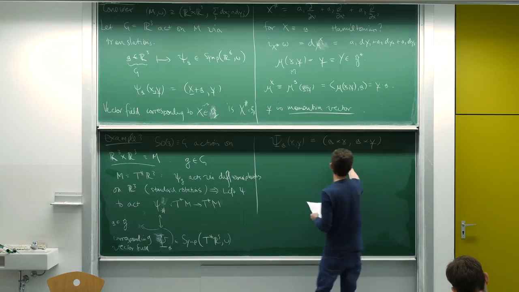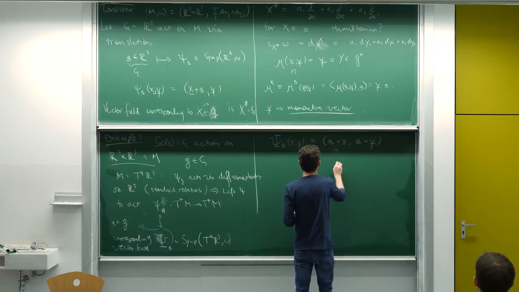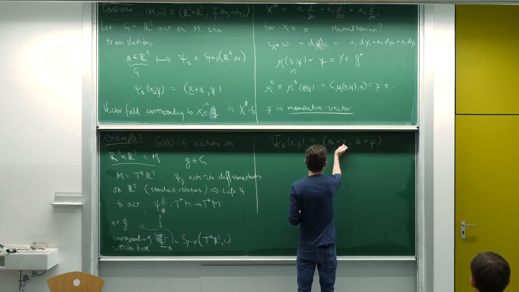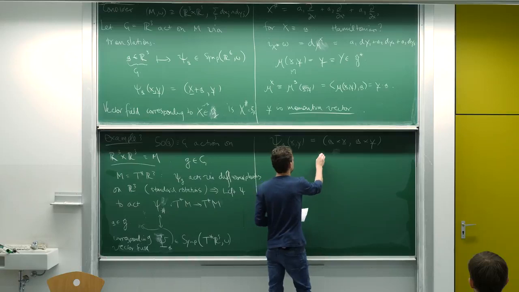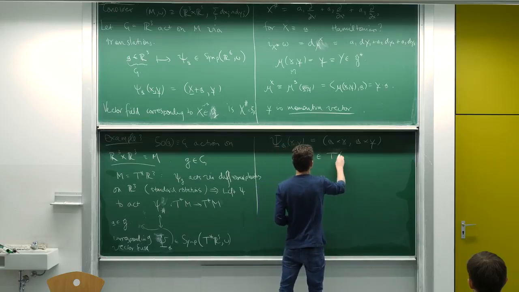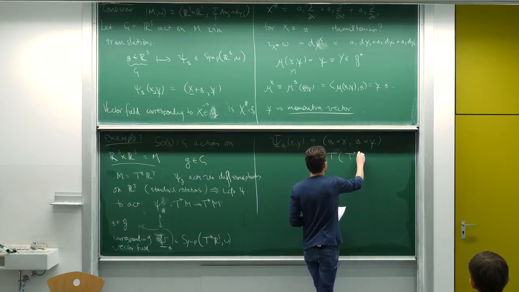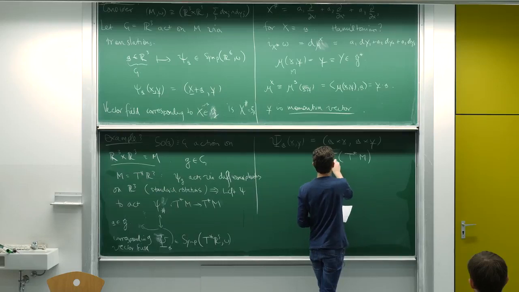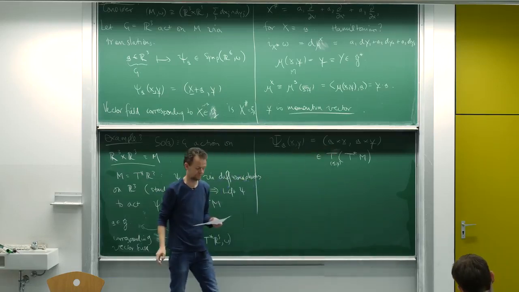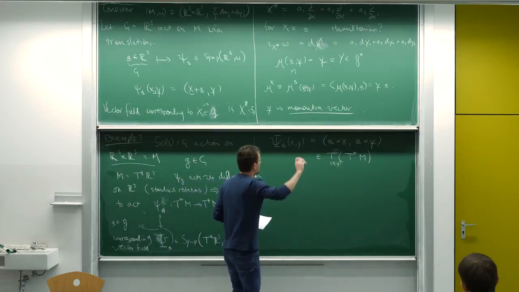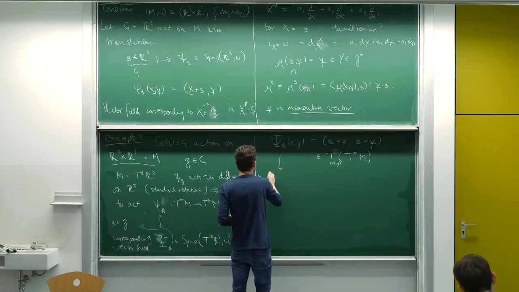So now these things you just interpret as a vector in the tangent space at the point xy. And then this is Hamiltonian.